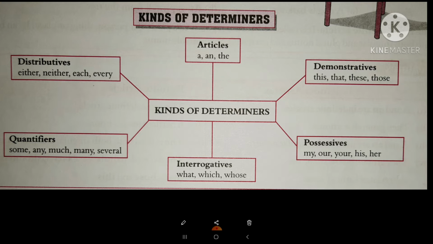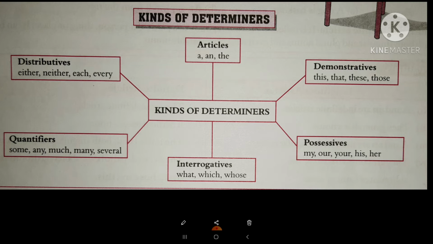And the last one is every. Every we use to refer to things or persons as a group, not as individual persons. There we use every. For example, every student has got an identity card. Every room has been painted.